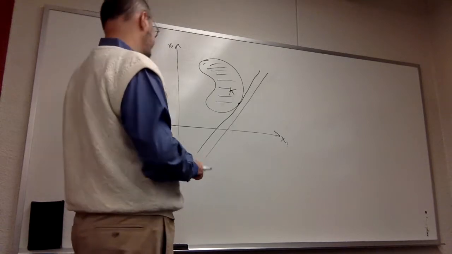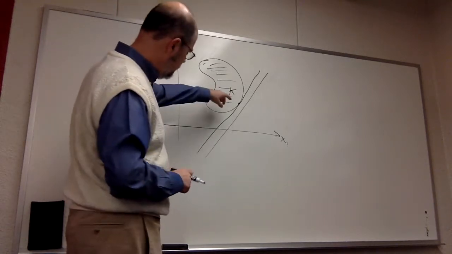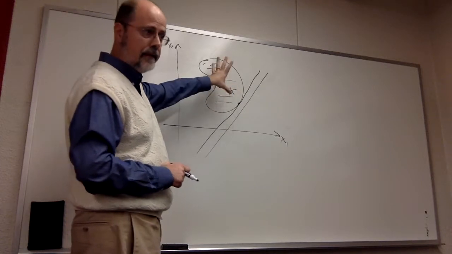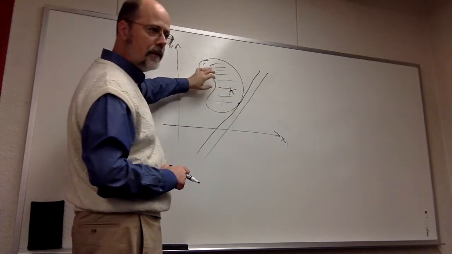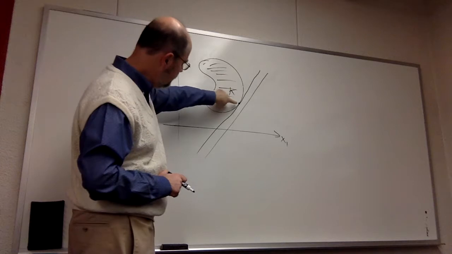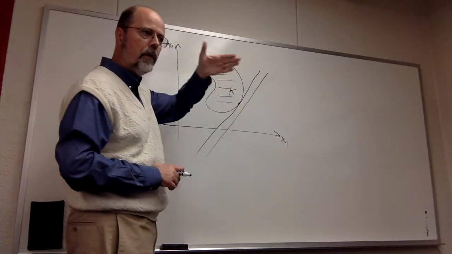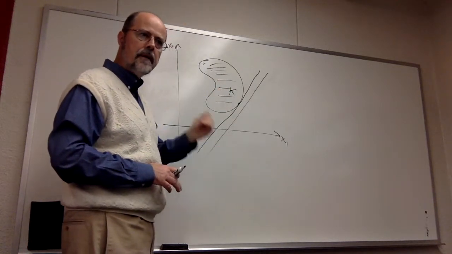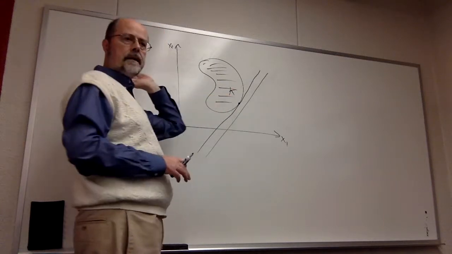Anyway, I am telling you that if you have a convex set, and we'll ignore this gap here now, at the boundary, you always have a hyperplane that attaches and leaves the set completely on one side.